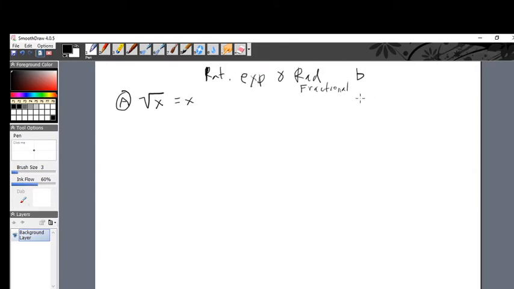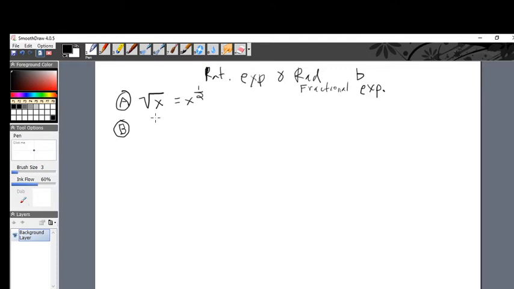It's all part of rational exponents, but the little piece that we're dealing with right now is fractional exponents. So the square root of x can be put into a fractional exponent known as x to the 1/2 power.